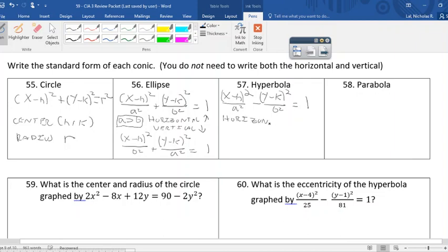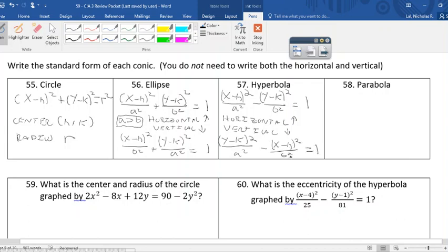And for a vertical hyperbola, you will have (y minus k) squared over a squared minus (x minus h) squared over b squared.